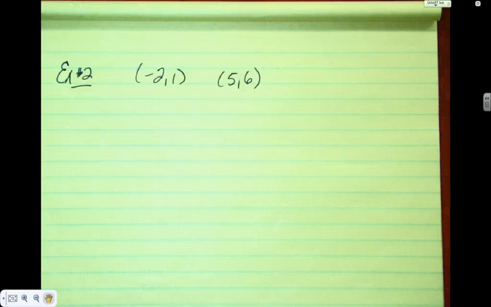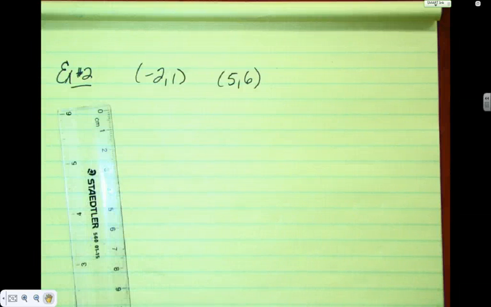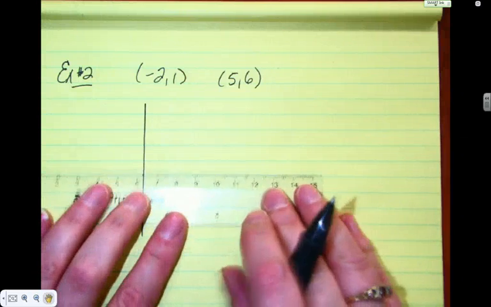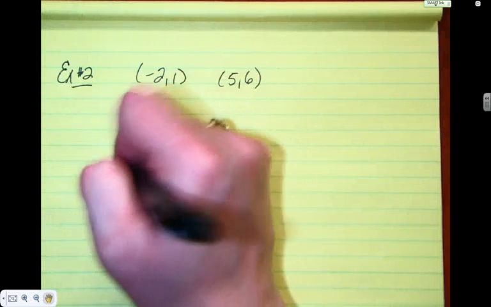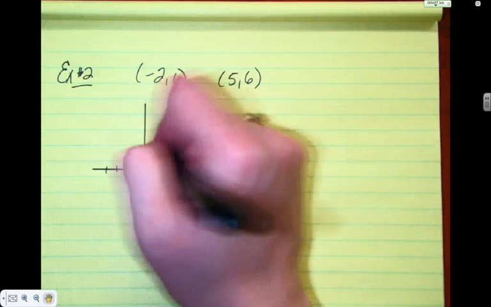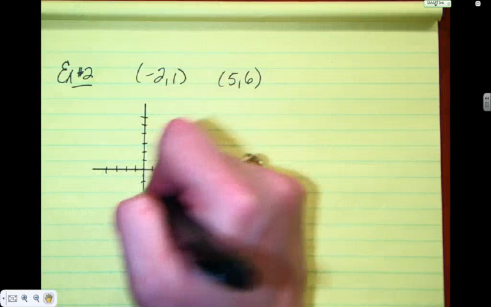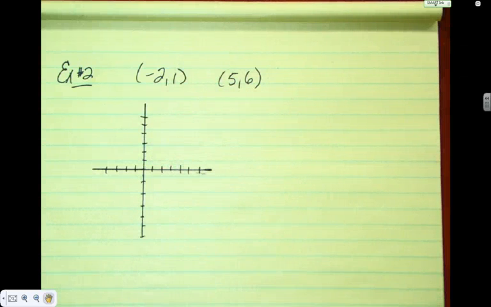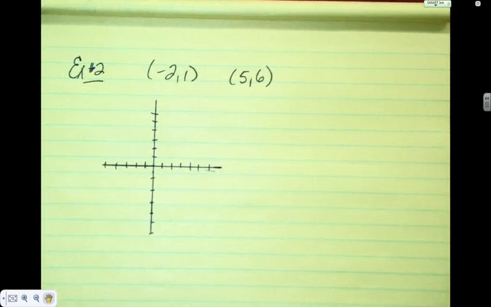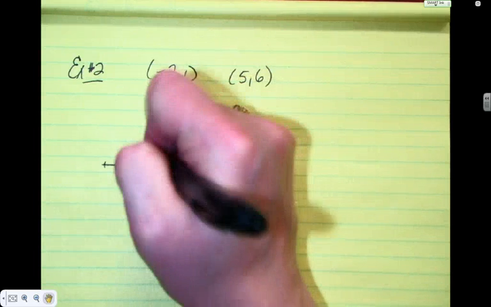Now we don't normally start with the diagram. I just want to show for the visual people what we are trying to find here. So I'm just going to plot those 2 points. And so we have the point negative 2, positive 1.